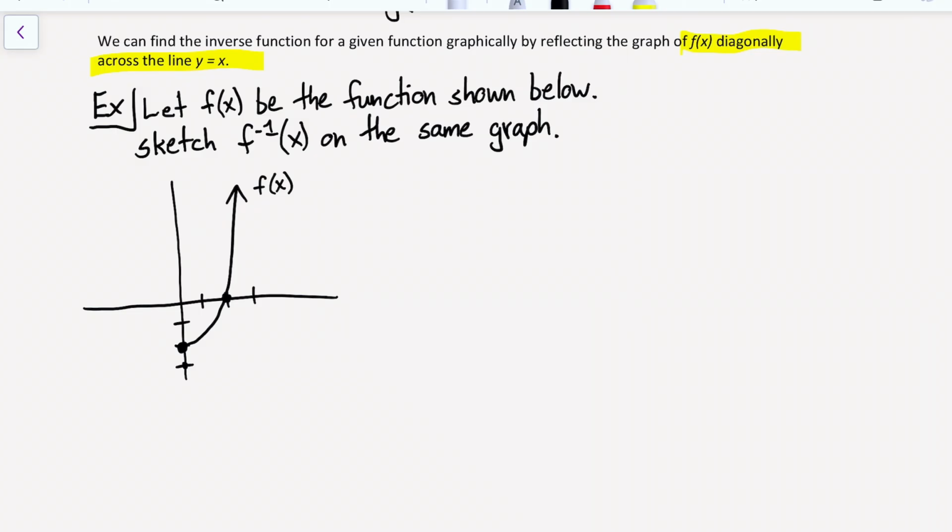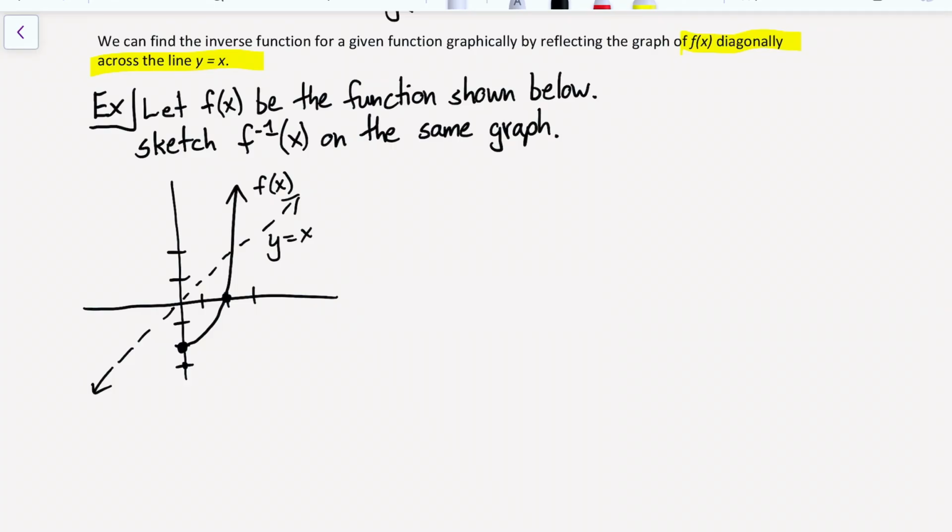So if I have the function shown below representing f of x, let's imagine sketching f inverse of x on the same graph. And I can do this by putting in the line y equals x. That's a diagonal line with slope 1 that goes right through the origin. This is roughly the line y equals x.